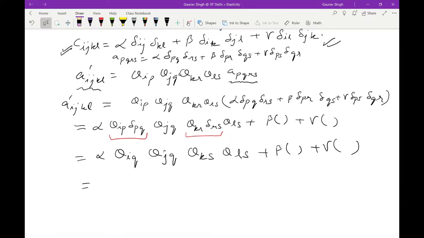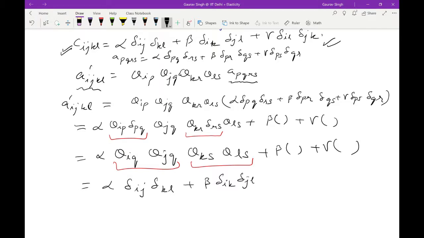Now again look at both of them. This would look like alpha delta ij delta kl, plus, not writing the beta term, but that would come out to be delta ik delta jl plus gamma delta il delta jk.